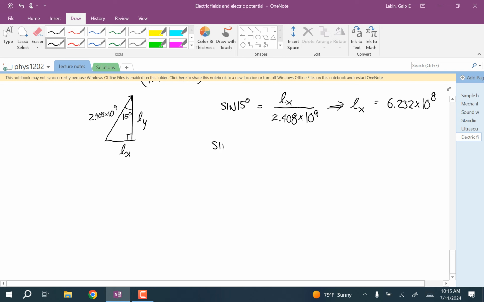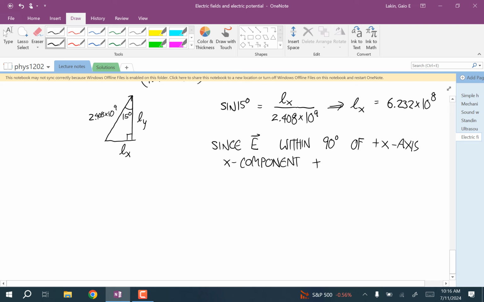And so since this E vector is within 90 degrees of the positive x-axis, the x component is positive. So the x component is positive 6.232 times 10 to the 8th newtons per coulomb.